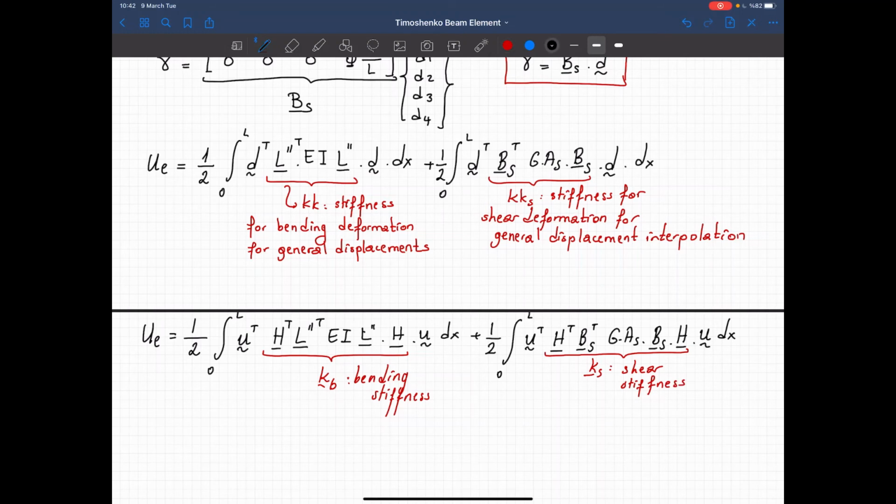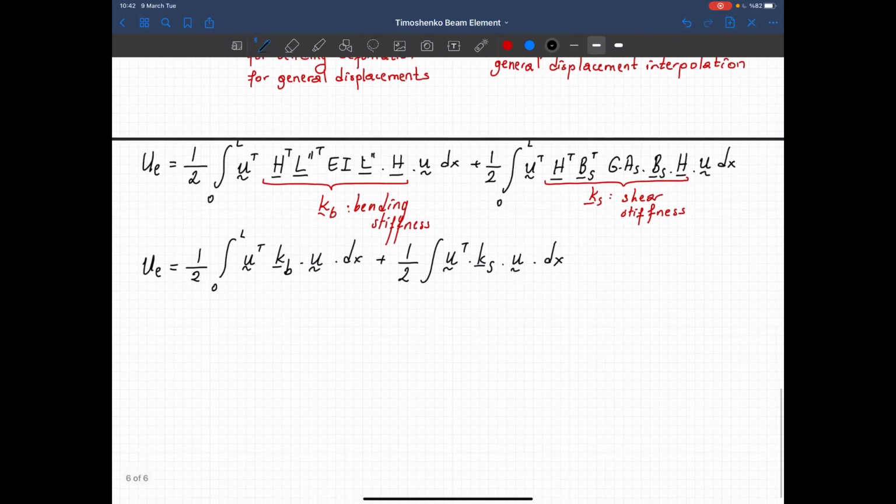So in much simpler form, UA becomes 1 over 2 from 0 to L U transpose times K bending U times dx plus 1 over 2 U transpose times Ks times U dx.